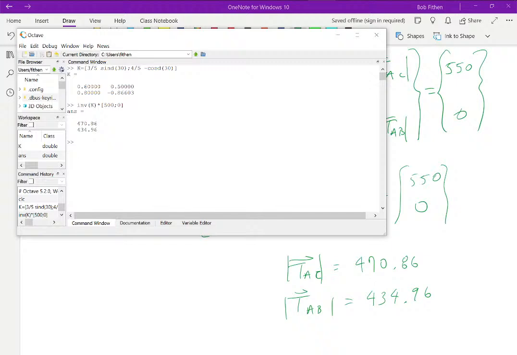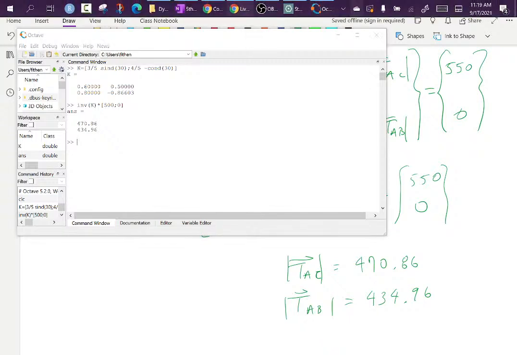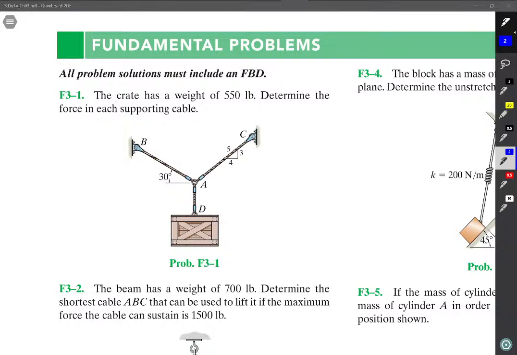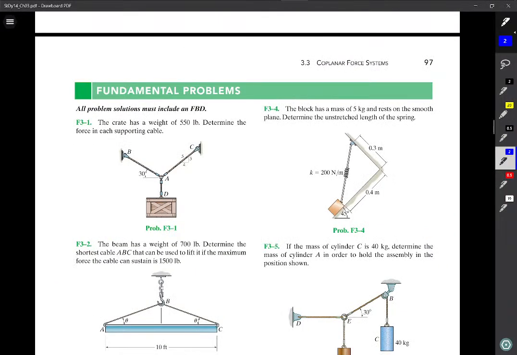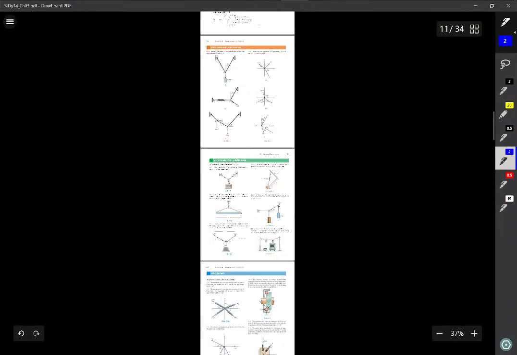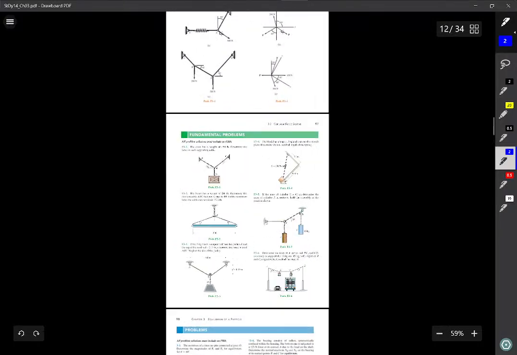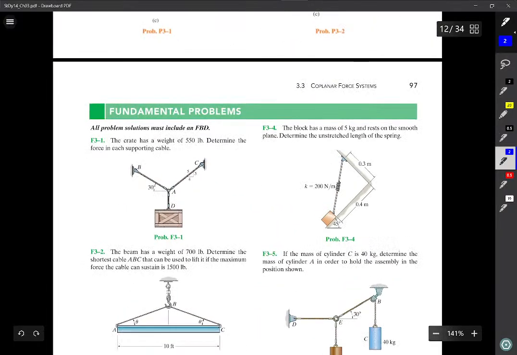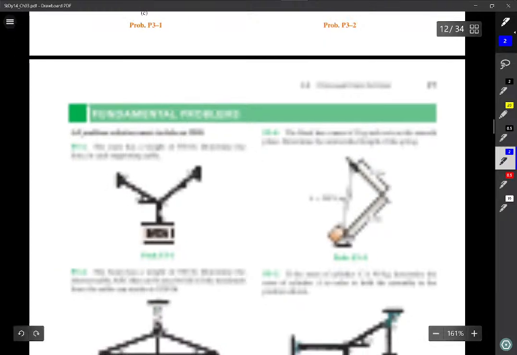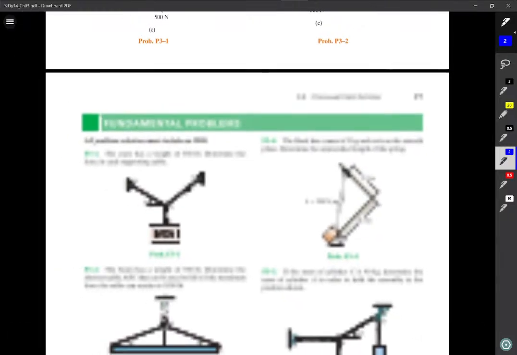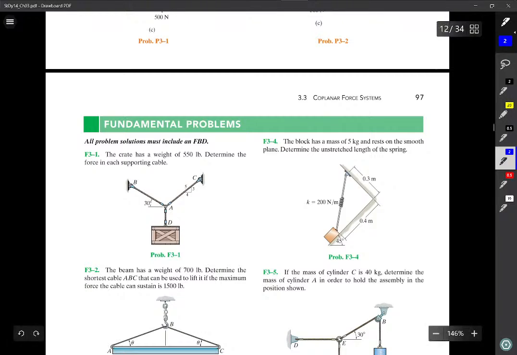Now, I could try to find the answers in the back of the book, but I doubt that it would be a fruitful task here.